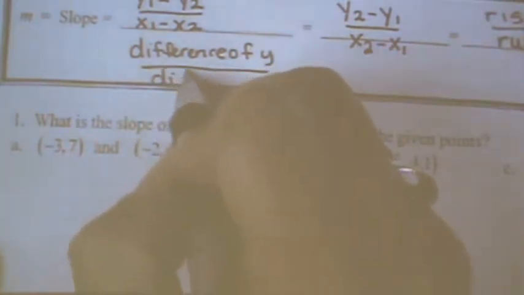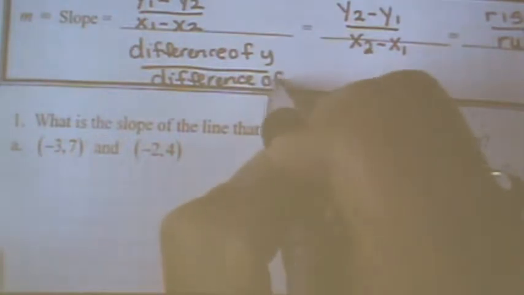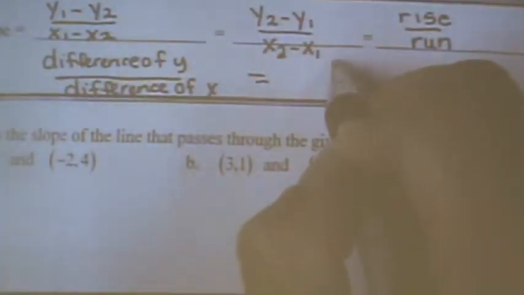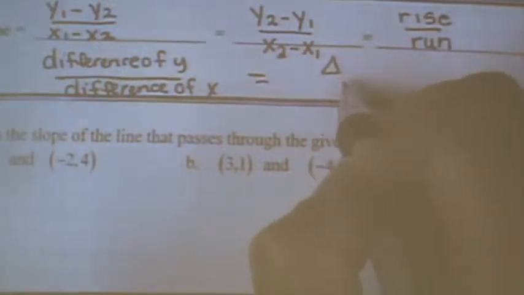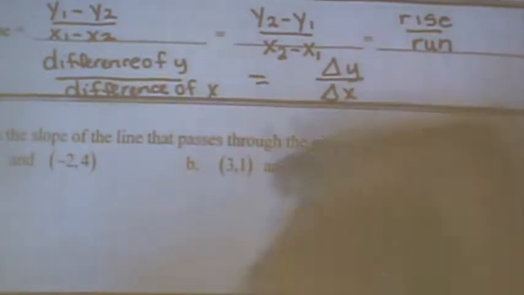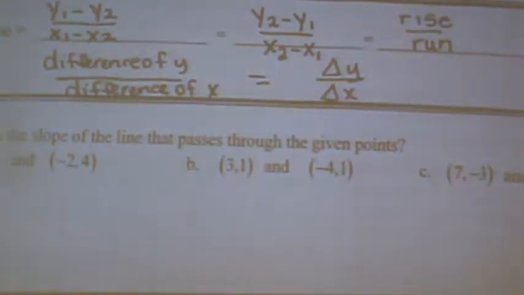There's the difference of y over the difference of x. These are all saying the same thing. There's more. When you get to calc, they use this Greek letter delta. That's the change. Change of y over the change of x. You're going to see that when you get to calc.